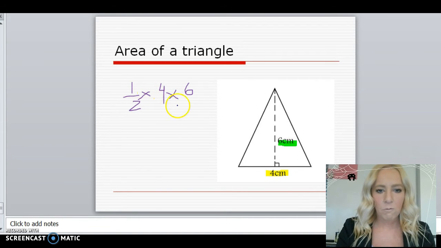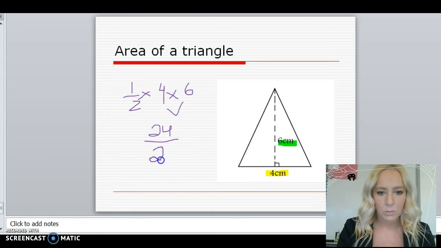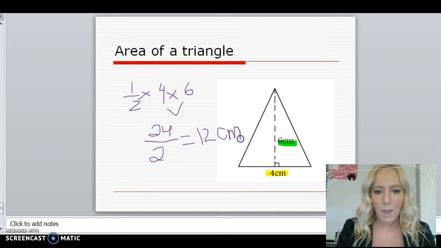So I'm going to take 4 times 6, my base times my height, which is 24, and I'm going to divide it by 2. 24 divided by 2 is 12 centimeters. And when we show area, they're square units, so it's 12 centimeters squared because these are two-dimensional shapes.